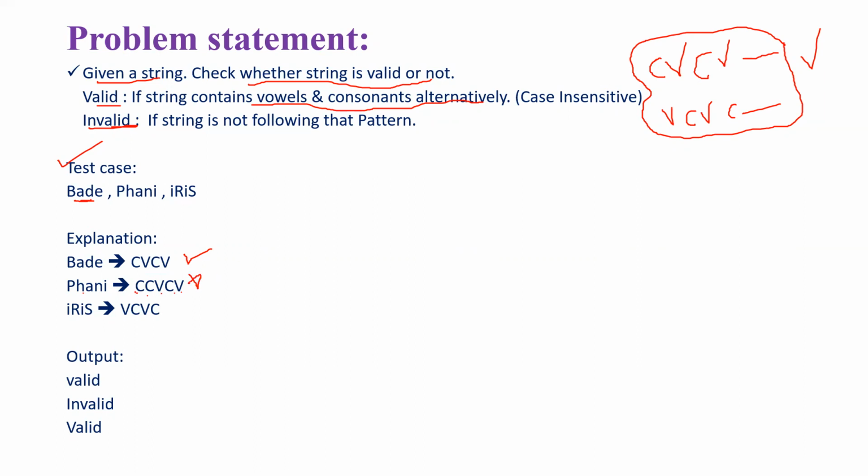Here the consonants and vowels are not alternating. Now similarly you check this case. Here I is a vowel, R is a consonant, I is a vowel, and S is a consonant. It is also following the pattern of consonant, vowel alternately, right? For these two I need to print valid, and for this I need to print invalid. Okay, the output will be valid, invalid, and valid.